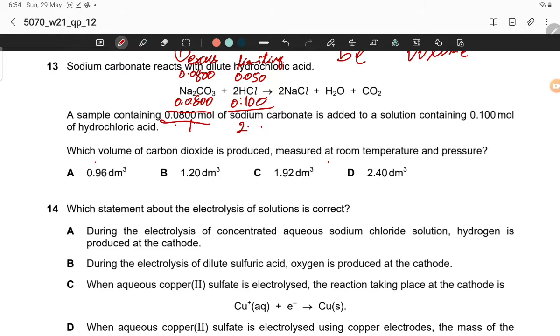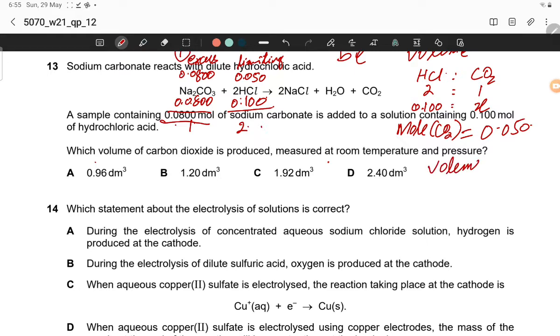Taking the mole ratio of carbon dioxide with the limiting reactant HCl, the ratio of carbon dioxide to HCl is 1:2, so for 0.100 the moles of carbon dioxide are 0.050.